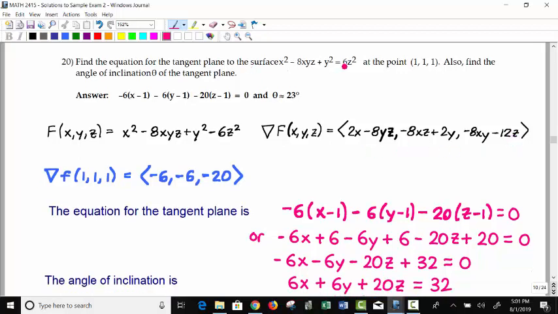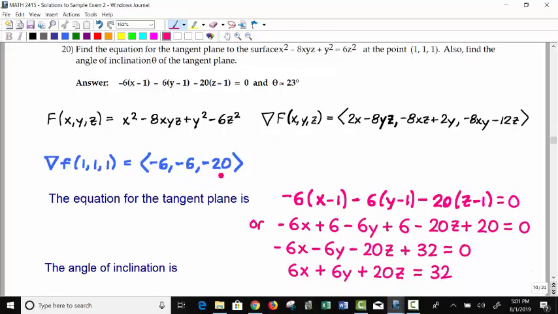So if you plug the point 1, 1, 1 into this gradient vector right here, you'll get -6, -6, -20. Now, I wrote it in the standard form, which goes way back to when we did equation of planes back in chapter 11.